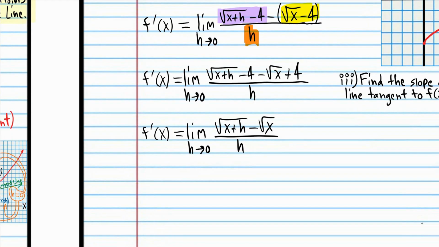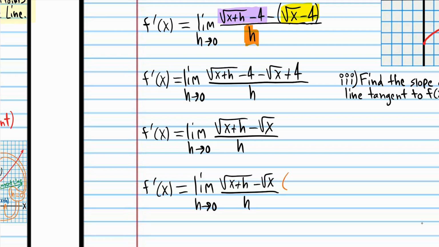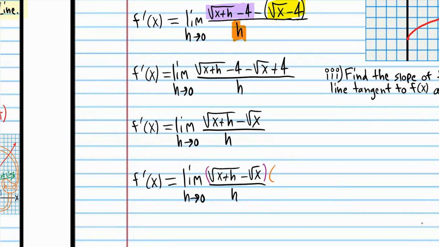So that's what we learned how to do in the previous classes. So now we have square roots, and of course we learned how to deal with this situation. The limit does exist, but we can't find it unless we do some algebra tricks. Now we have to write purple parentheses around that difference, or else it's not going to work.